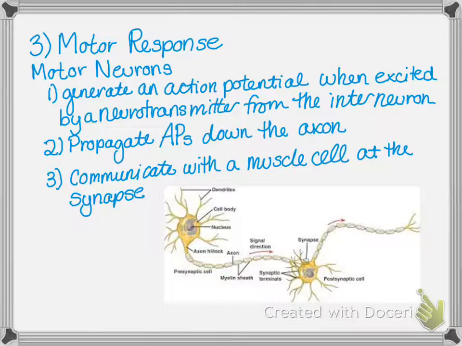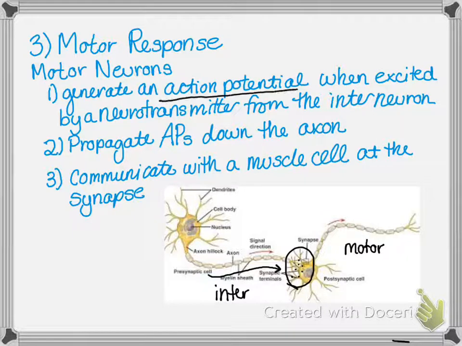After your interneuron has integrated its information, it then needs to pass it on to the motor neuron for a response. Here you can see our interneuron has had its action potential generated, and then it's going to trigger the release of neurotransmitters. Those neurotransmitters are released at the synapse between the interneuron and the motor neuron.